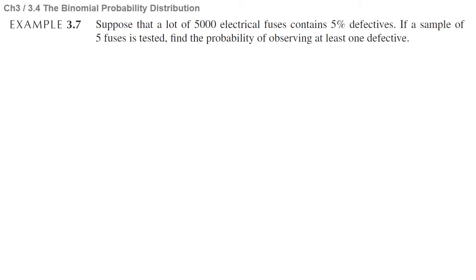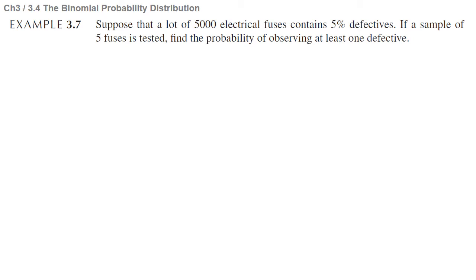Okay, let's move on to example 3.7. Suppose that a lot of 5,000 electronic fuses contains 5% of defectives. If a sample of 5 fuses is tested, find the probability of observing at least one defective.